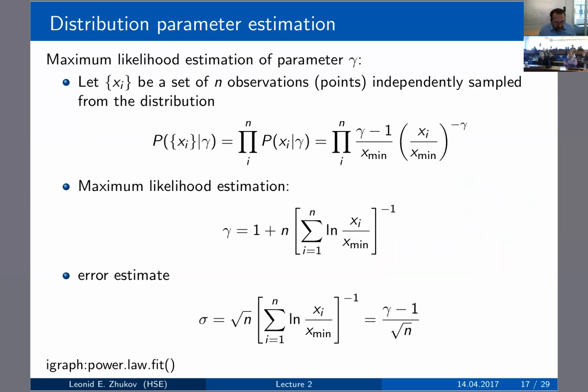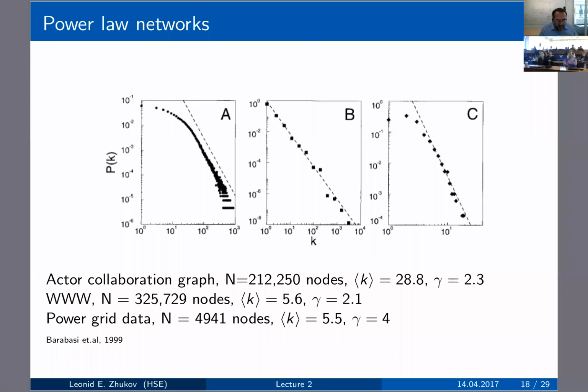Here are a few examples from real life. This goes back to 1999. Of course, there have been a lot of results like that since then, but this is one of the first publications, historically, about complex networks.